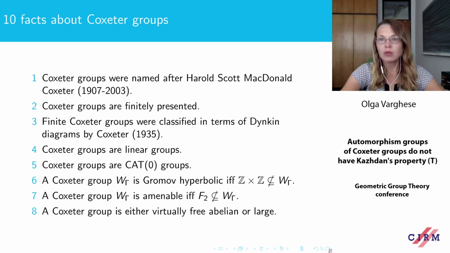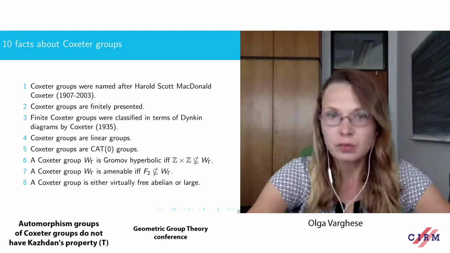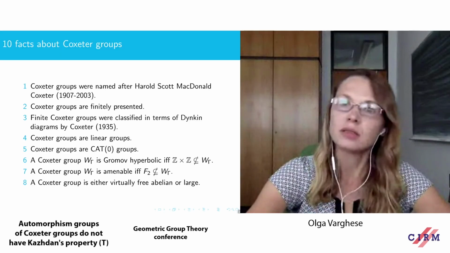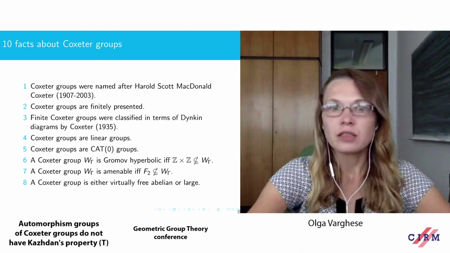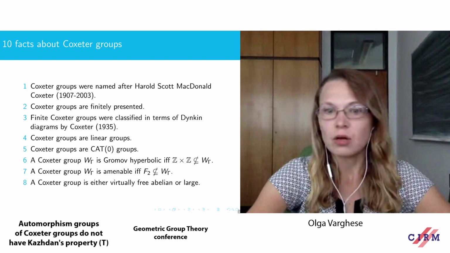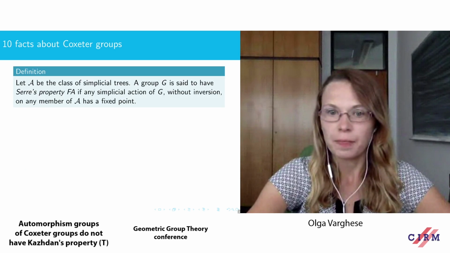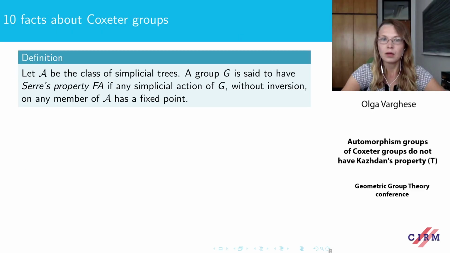Today, our focus is on the fixed point properties, in particular on Serre's property FA and Kazhdan's property T. Let us first recall the definition of property FA. Let A be the class of simplicial trees.